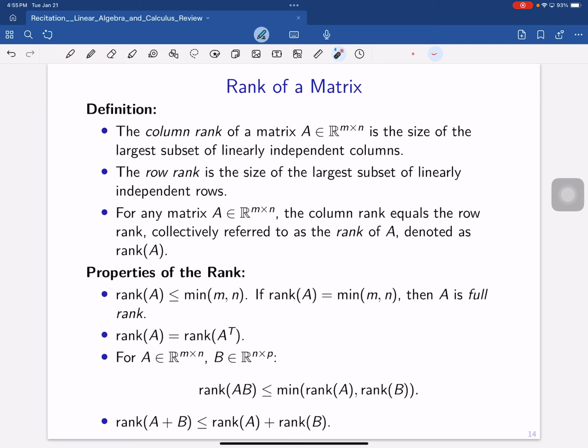In other words, that is the largest number of linearly independent columns you can find in this matrix, and the row rank is the largest number of linearly independent rows you can find in the matrix. And this is maybe called a fundamental theorem in linear algebra: the column rank equals the row rank. It's referred to as the rank of A.